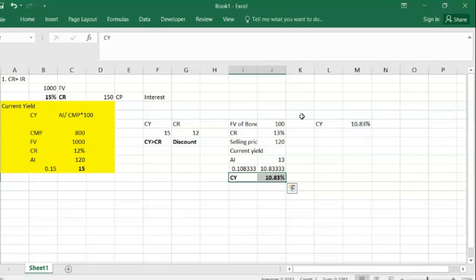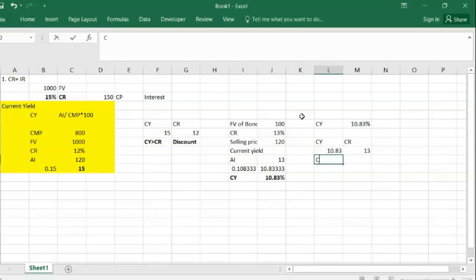Okay. And what you need to understand from this value of current yield is what exactly happens in this situation. The coupon rate given in the problem is 13%. The current yield is 10.83%.